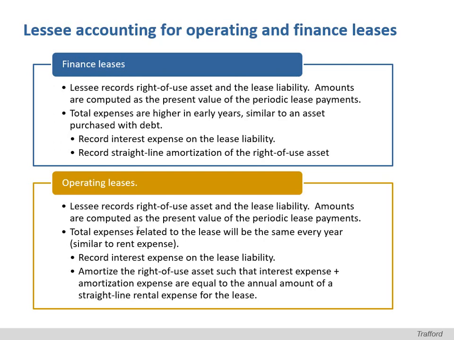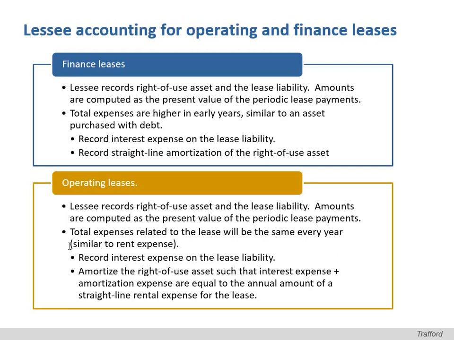I'll talk to you when we do an example about how we actually record that lease expense. We record it in two parts, part interest expense and part amortization of the right-of-use asset. But we compute this amortization of the right-of-use asset such that when you add these two things together, they're equal to the amount of lease expense that the lessee is paying.